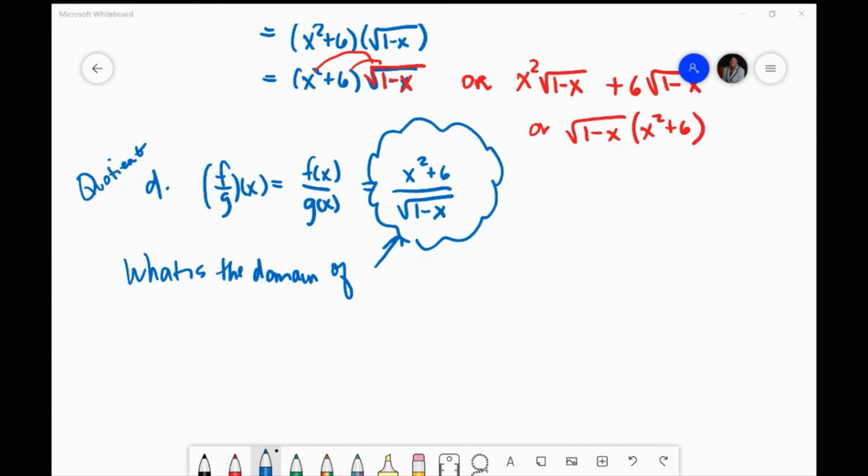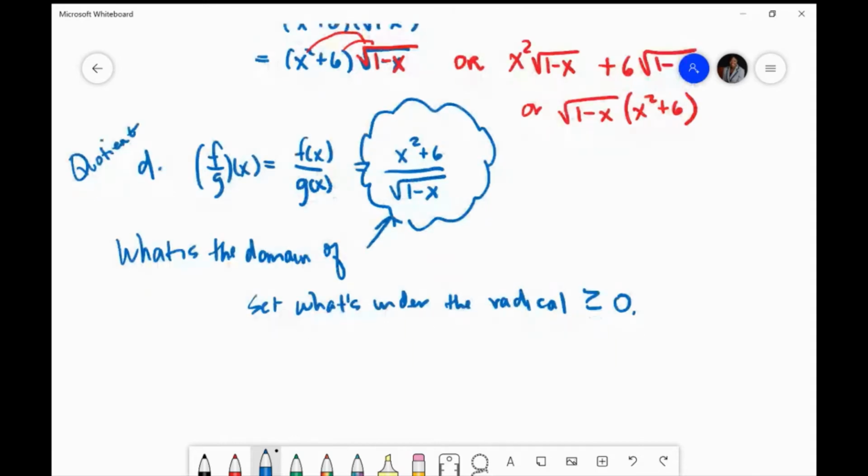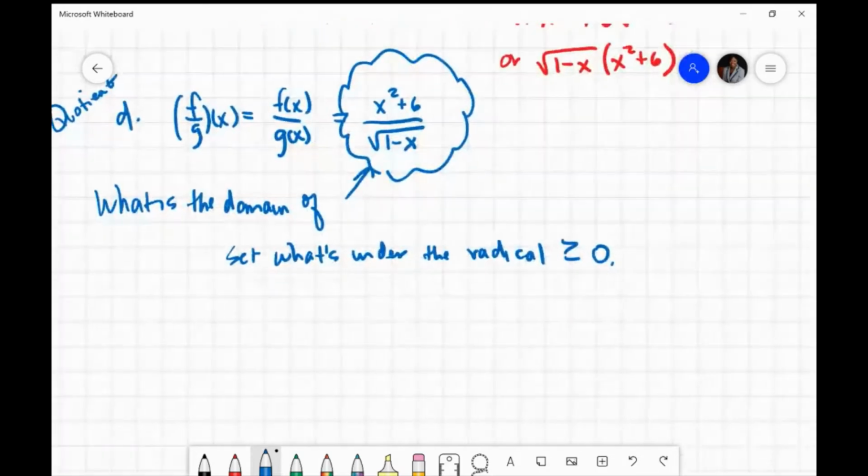Merrick is on it. So normally we set what's under the radical to greater than or equal to 0, and then we solve. I'm going to alter this a little bit. Anybody can see what I might change slightly with that statement.